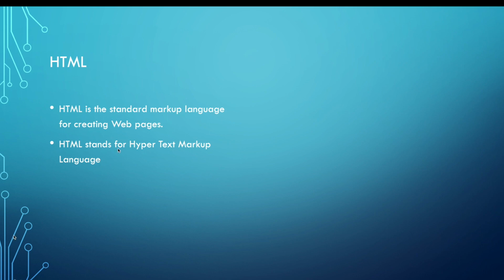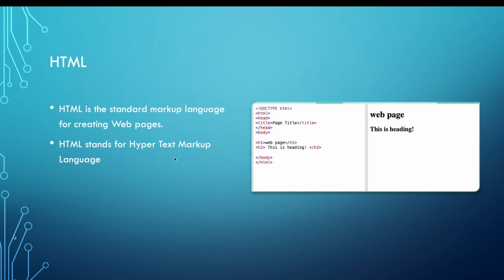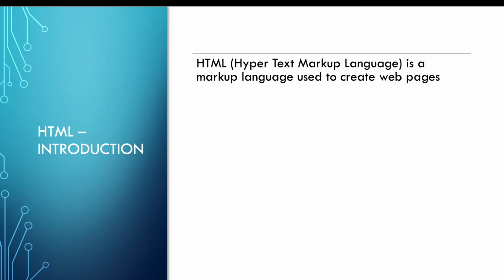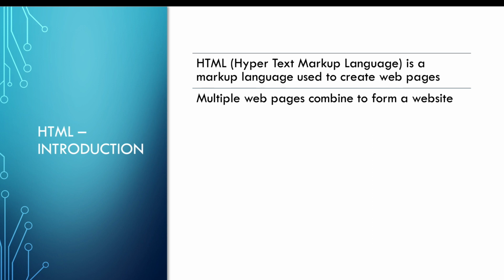HTML stands for Hypertext Markup Language. You can see here how it looks. All these are HTML elements, and when you write some content in it, it displays in the web browser. Basically, HTML is a markup language to create web pages, and multiple web pages combine to form a website.